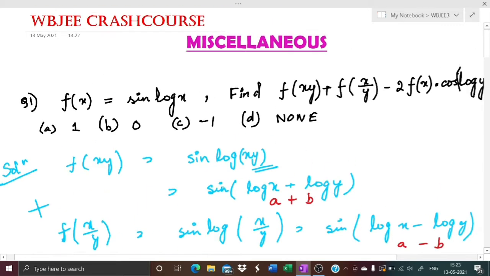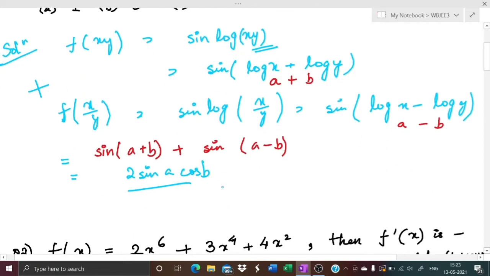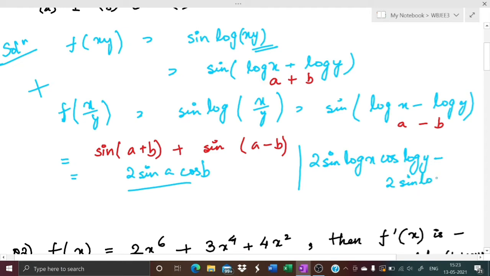Okay, now what you have to find? You have to find f of xy plus f of x by y minus 2 f of x into cos log y. So that would be equal to f of xy plus f of x by y, which is 2 sine A, that is sine log x, into cos B, that is cos log y, minus 2 f of x, that is 2 sine log x, because that is f of x, into cos log y.